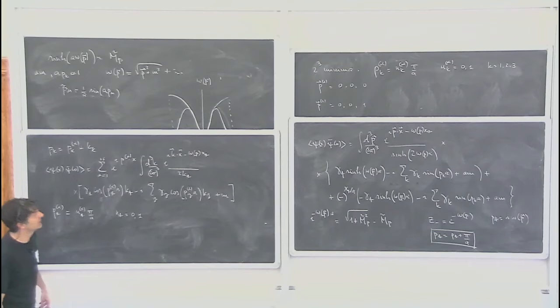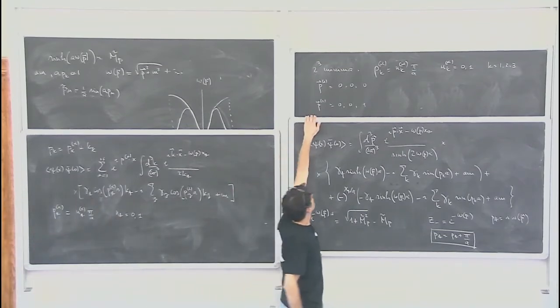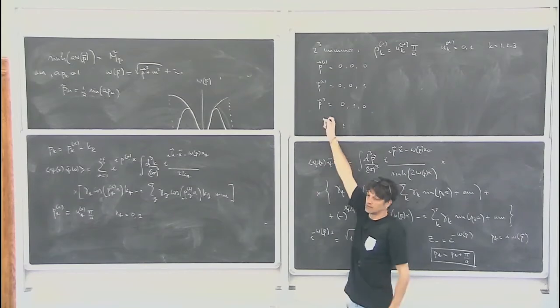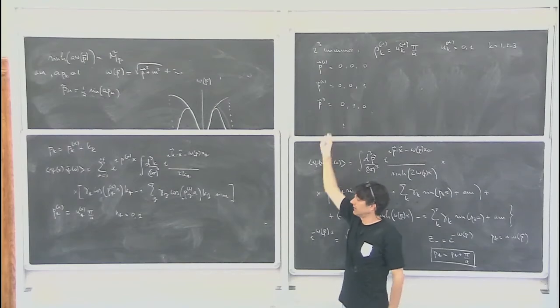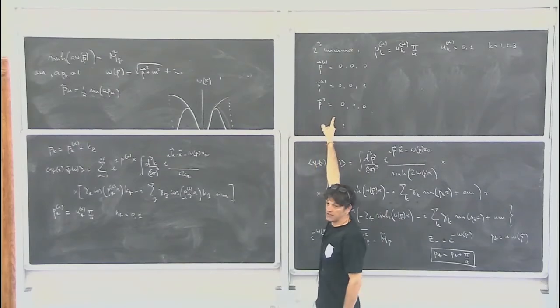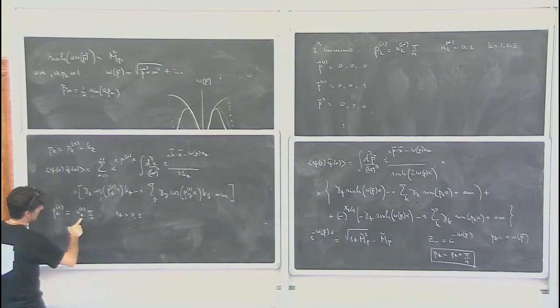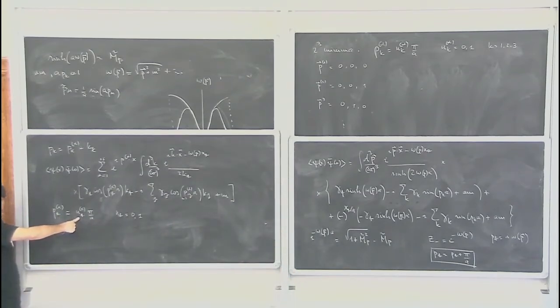So the minima give us 8 three-dimensional vectors, and to these 8 vectors I've added a fourth component, which can take 2 possible values.